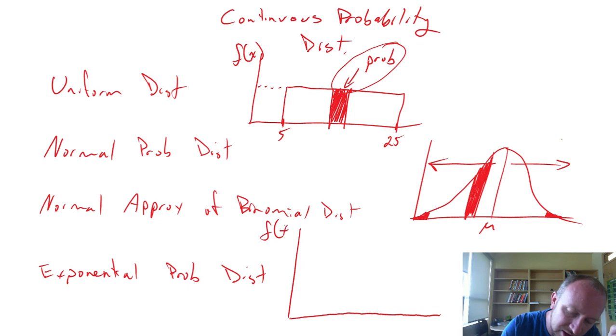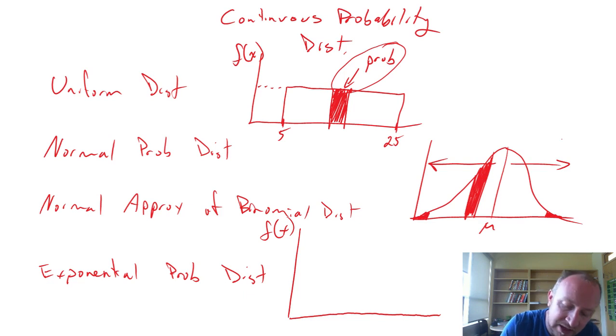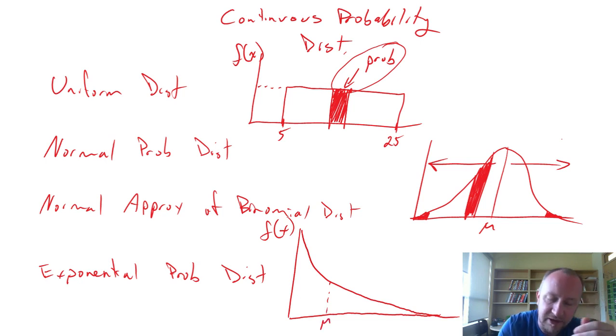Again, we're going to be looking at a probability density function, so we're not going to have probabilities quite as explicit as we had when we were talking about discrete variables. This probability distribution is going to look something like this. It'll have the mean value somewhere in here. It is used very similarly to the Poisson.